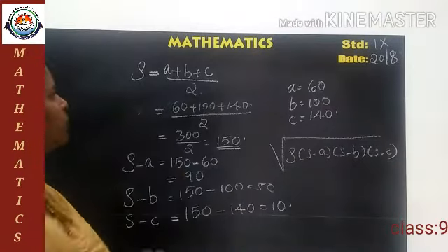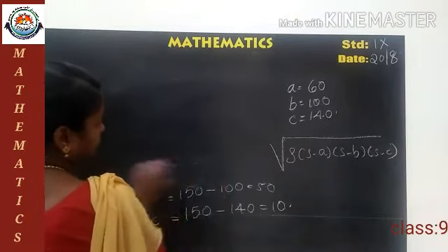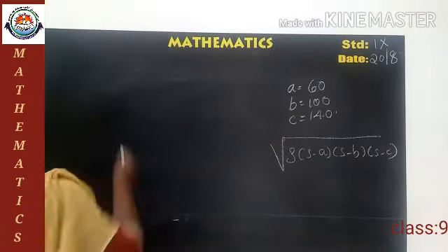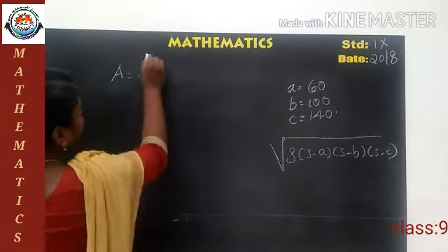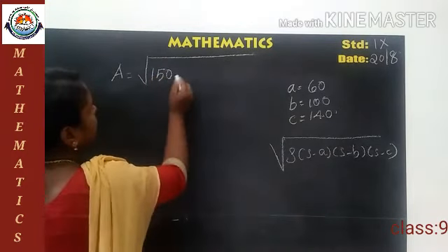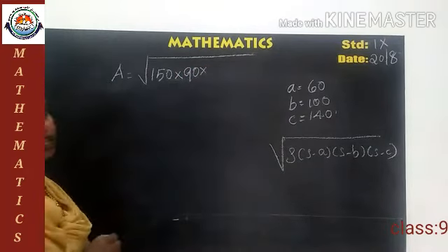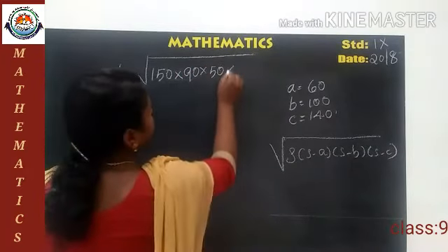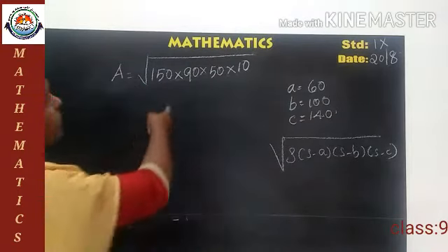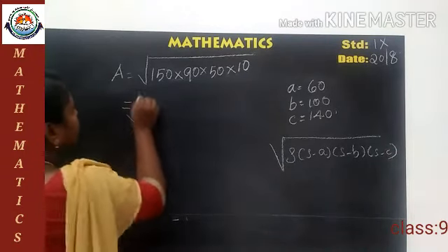That is, area equal to root of s is 150, then s minus a is 90, s minus b is 50 and s minus c is 10. Then we need to simplify this. How can we simplify?